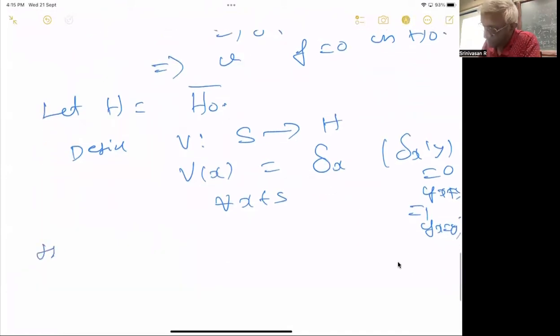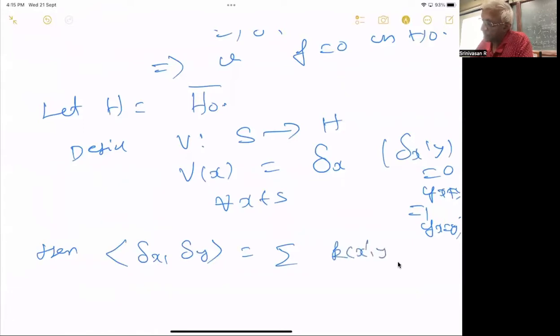Then you consider the inner product of delta x and delta y, which is equal to the summation of K(x', y') delta y of y' times delta x of x'. What is delta x? Delta x is the delta function. Delta x at x is 1, and delta x at y is 0 if x is not equal to y.